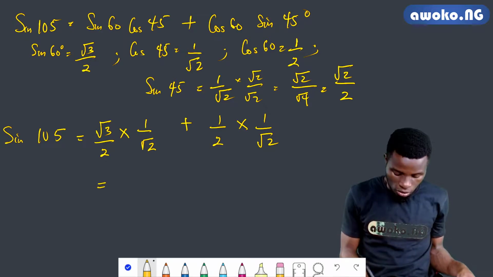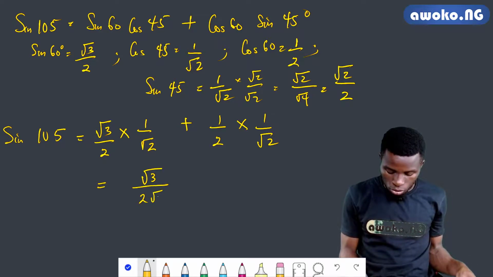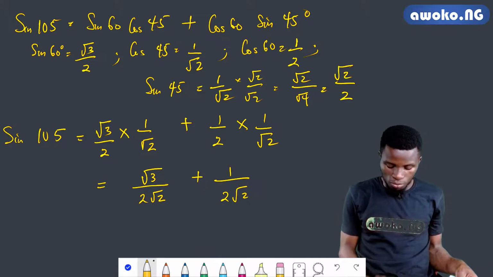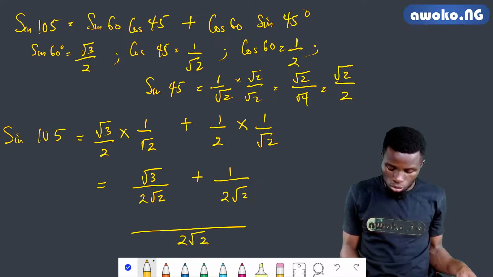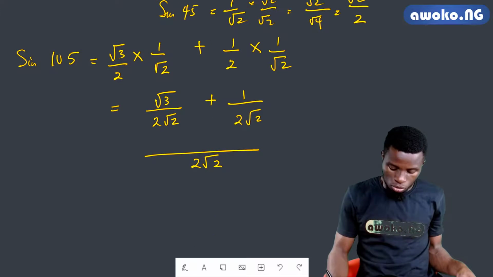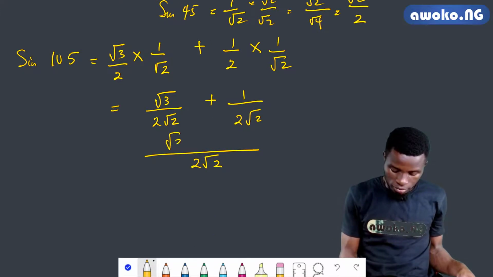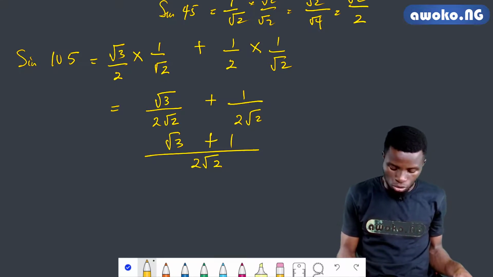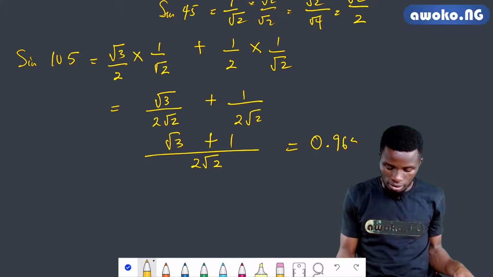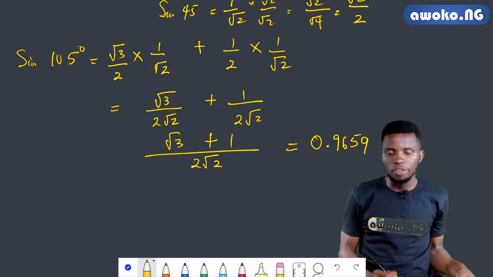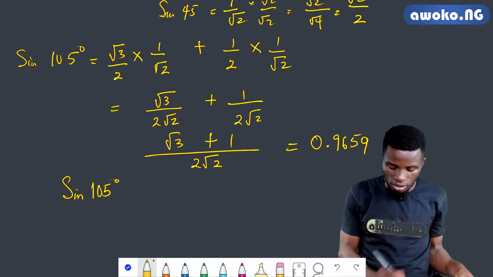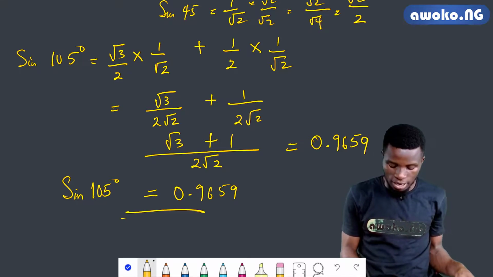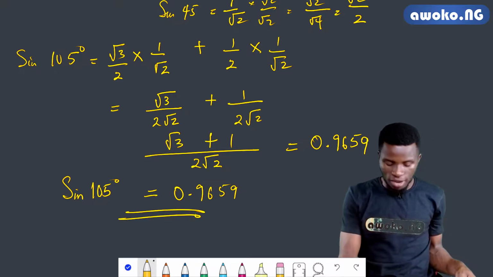So this gives us root 3 over 2 root 2 plus 1 over 2 root 2. And if you take the LCM, which is 2 root 2, you have this equal to (root 3 plus 1) over 2 root 2, which is equal to 0.9659. So if you check your calculator and type sine 105, it must definitely give you 0.9659. Is that okay? And this is the final answer.